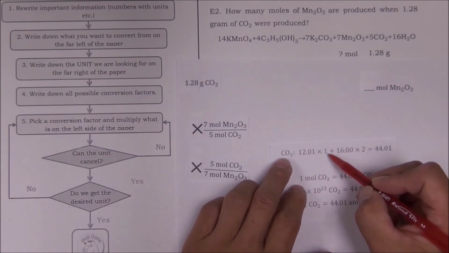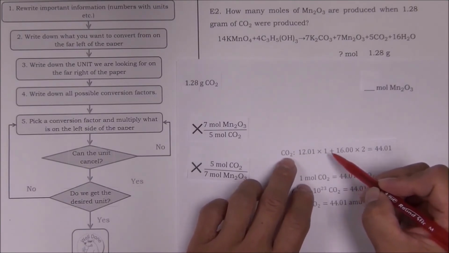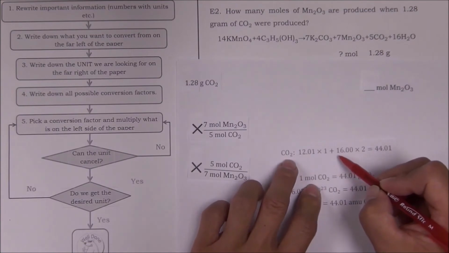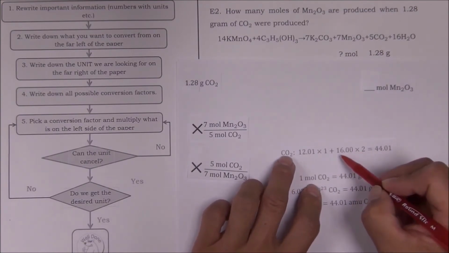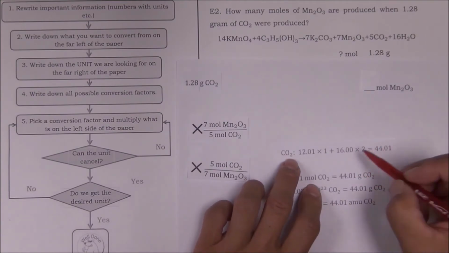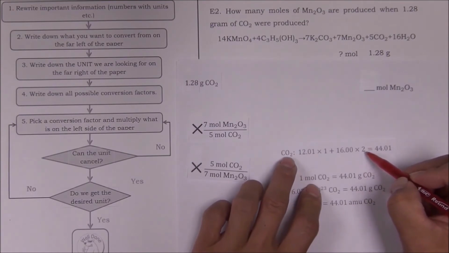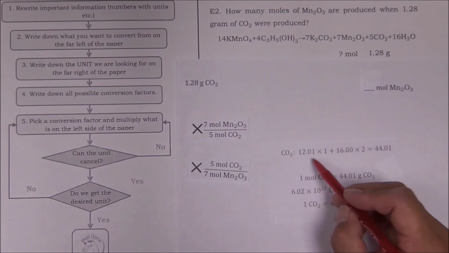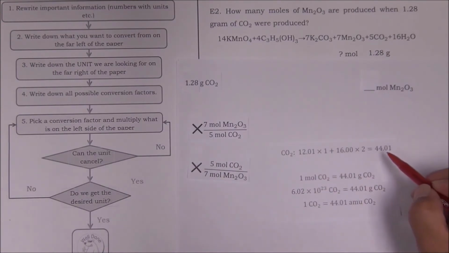Multiply the number of carbon atoms in the molecule, which is 1, plus the atomic mass or the atomic weight of oxygen. This number is from the periodic table as well. Multiply the number of oxygen atoms in the formula. Then we punch all the numbers into a calculator. The answer is 44.01. This number tells us 3 different things.